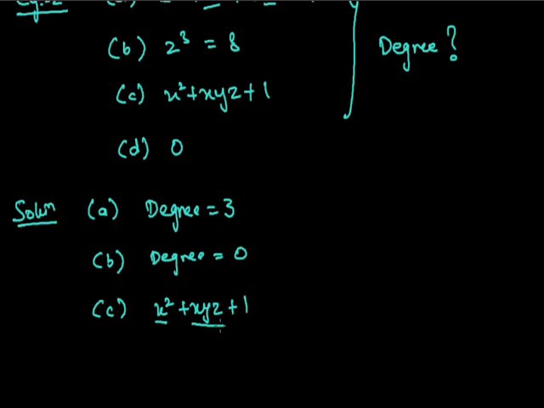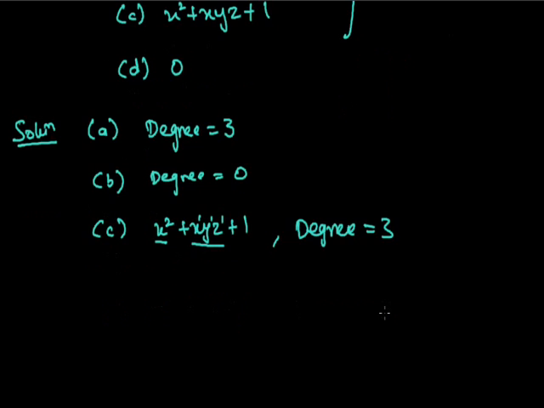As there are 3 variables, to find out the degree we need to add up the power of these 3 variables, because all these 3 variables are considered a single term, as they are not separated by plus or minus. So power of x is 1 here, power of y is 1, power of z is 1. And if we add up, we'll get 3. So the degree of this polynomial is 3.